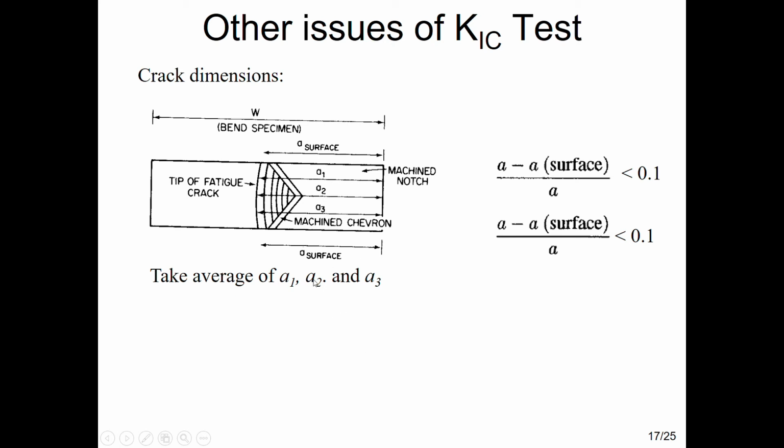Once you get that, you also need to determine A surface, the crack length on the surface. The requirement is that A minus A surface, divided by A, must be lower than 0.1.